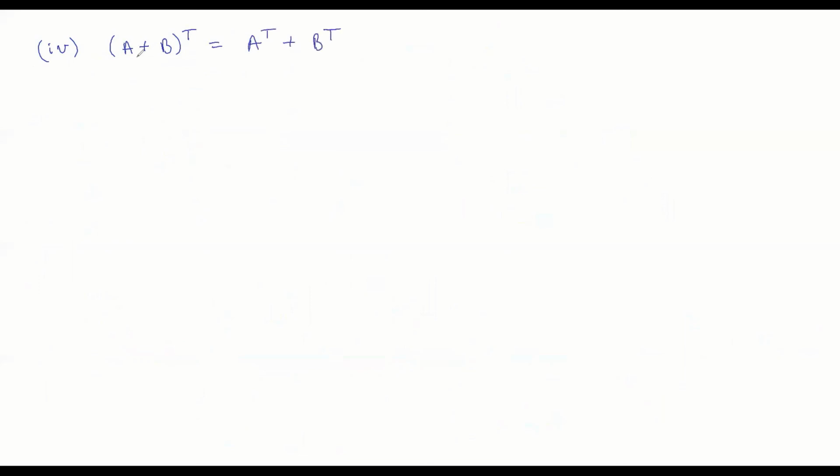So in this case, for the sum to make sense, A is a matrix of type M times N, and B has to be a matrix of the same type, M times N. And obviously this means that the transpose of A is going to be a matrix of type N times M, and the transpose of B is going to be a matrix of N times M.